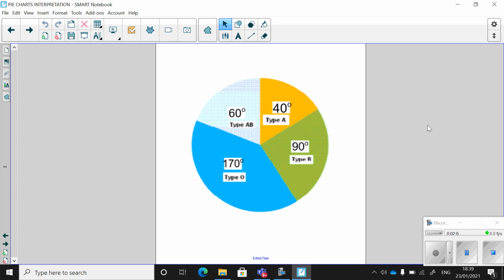That pie chart was a little bit small, so I just magnified it, blew it up a little bit there, and then we're going to bring back the first question. So we're talking about 4 blood types here. I'm sure there's more. See the one that says 90 degrees? It looks like it says type R there. That's meant to be type B. Please forgive me for that.